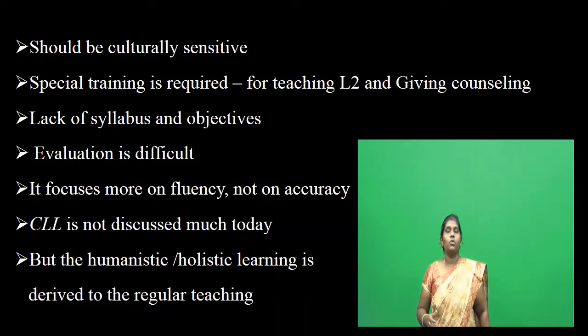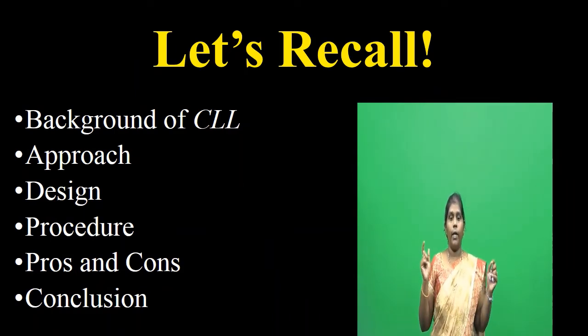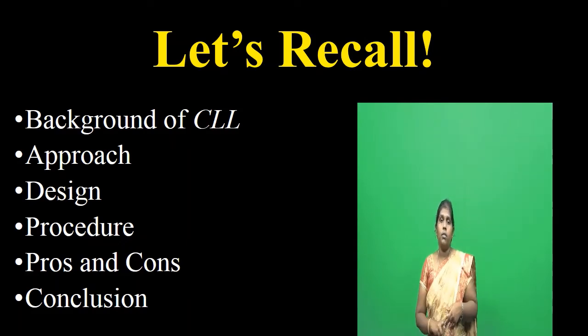So let's recall once again. We have seen the background of CLL, where Charles A. Curran devised this particular method along with his associates, and it is based on two important traditions: the humanistic approach and language alternation or code switching.